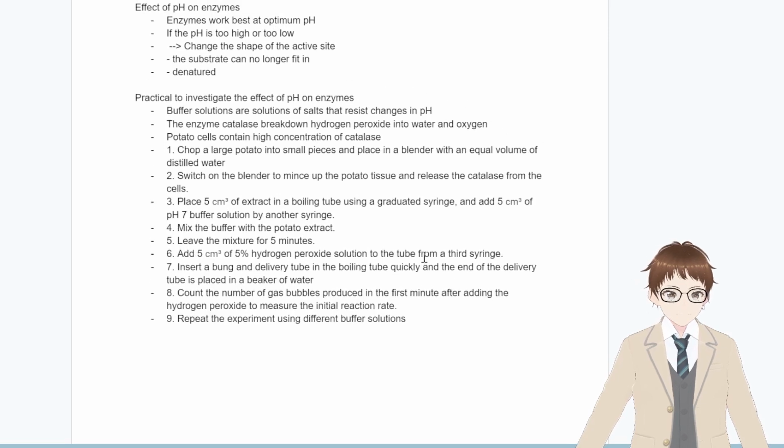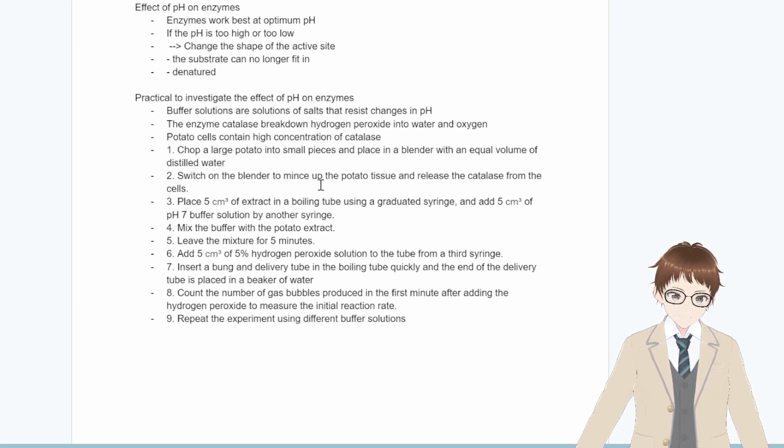So the dependent variable in this experiment is the number of gas bubbles produced in the first minute after adding the hydrogen peroxide, and the independent variable is the different pH of buffer solutions.